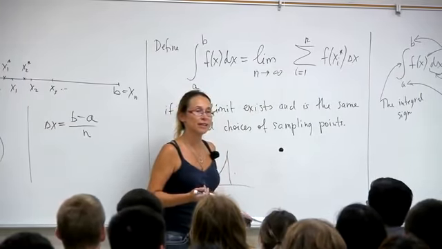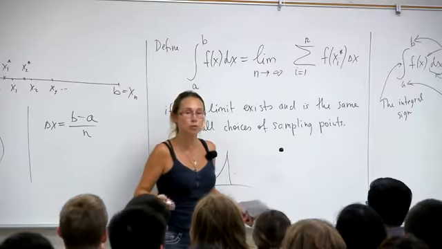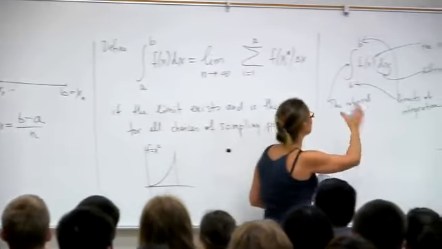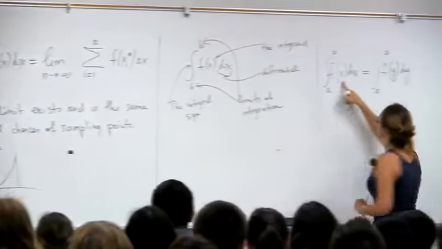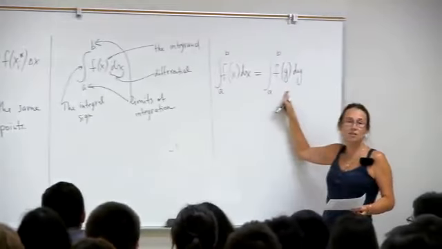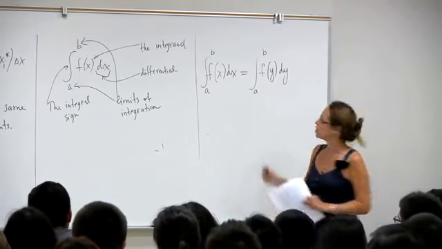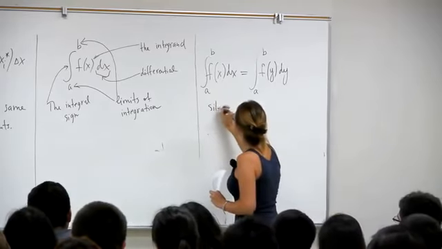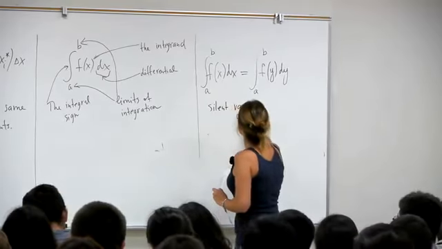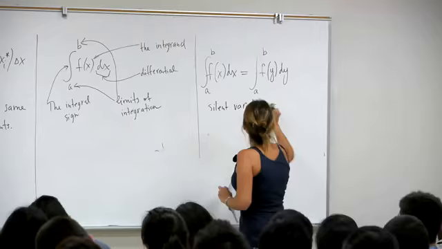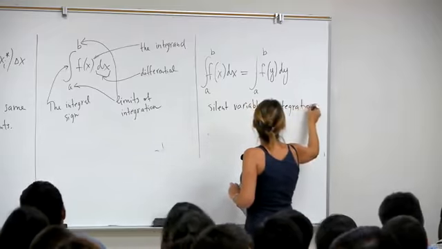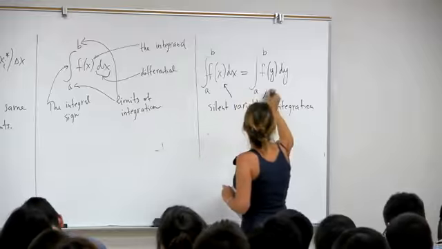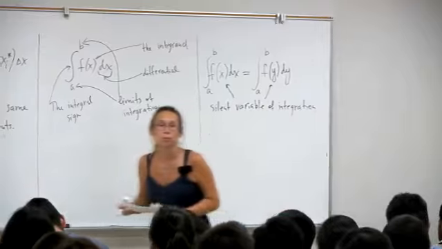Does this number depend on x? No, it's a number. It's not a function. So x cannot appear in the final answer, so you can replace it by anything else. The answer won't change. So we call it a silent variable of integration: x or y or anything else at all. Questions?